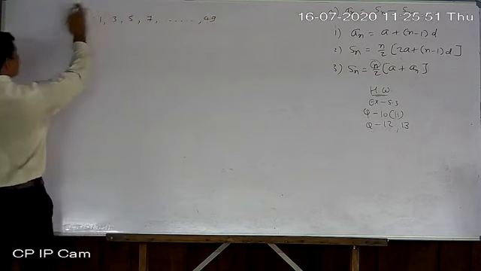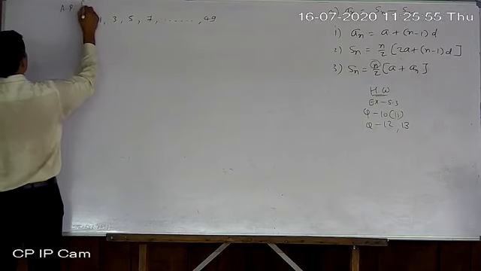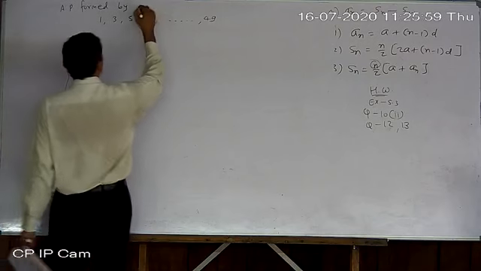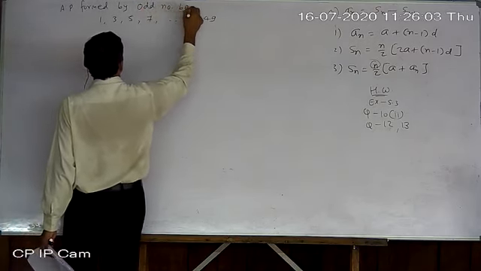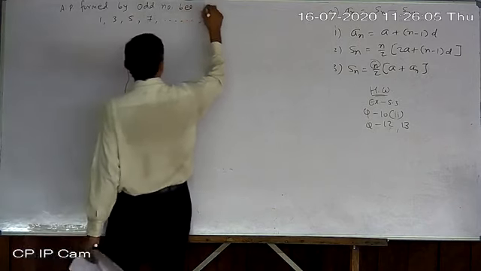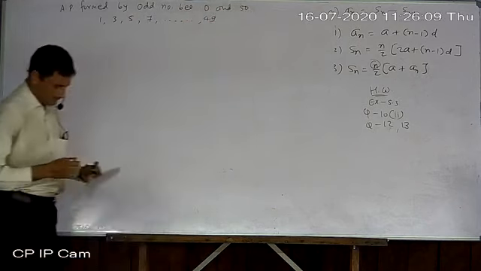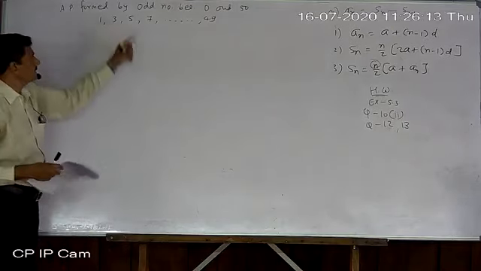Now what to do directly? Write down the AP formed by odd numbers between 0 and 50, in between only. So these are the numbers.